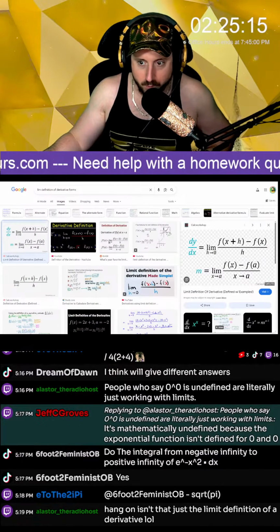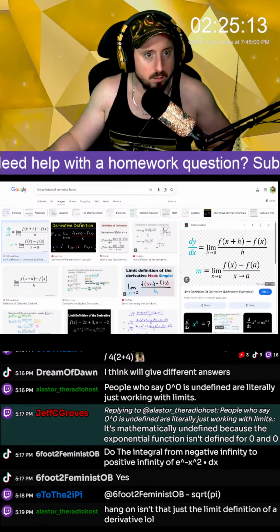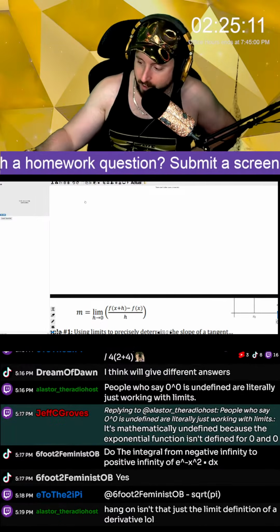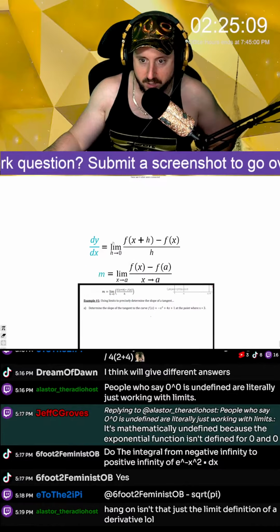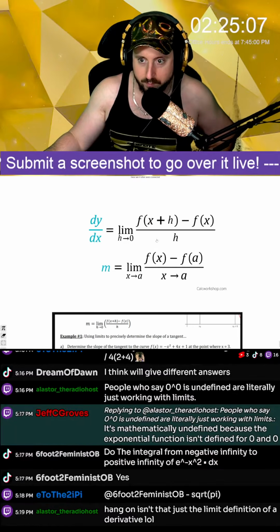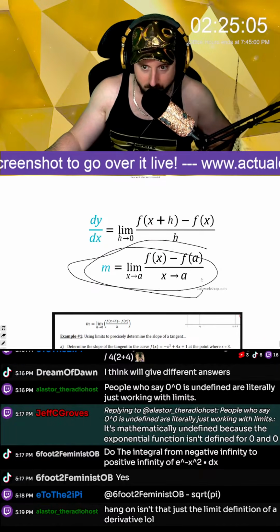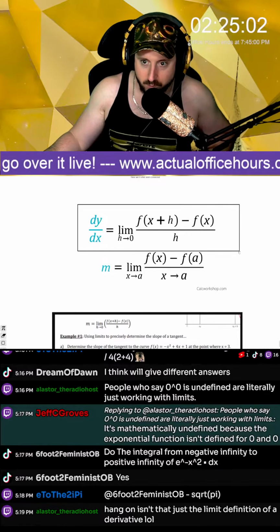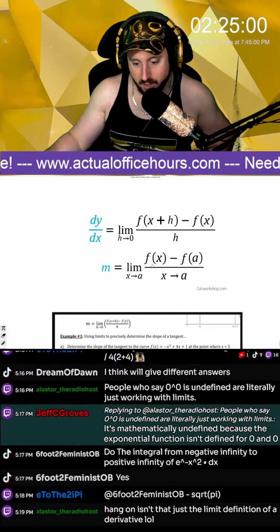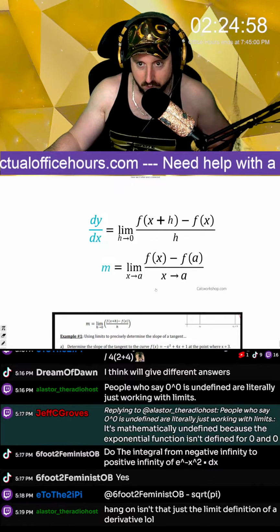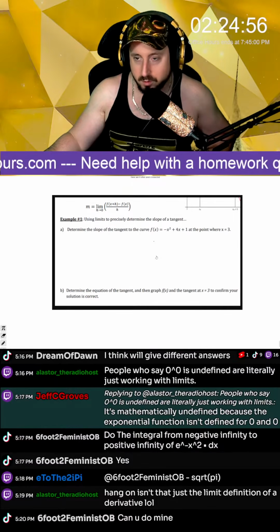Yeah, there's these two forms. They're very similar. But I just find the one where it approaches a to be like confusing. For whatever reason, this way messes students up. This way makes more sense. I get it. I know you're just doing like a substitution of variables, but trust.